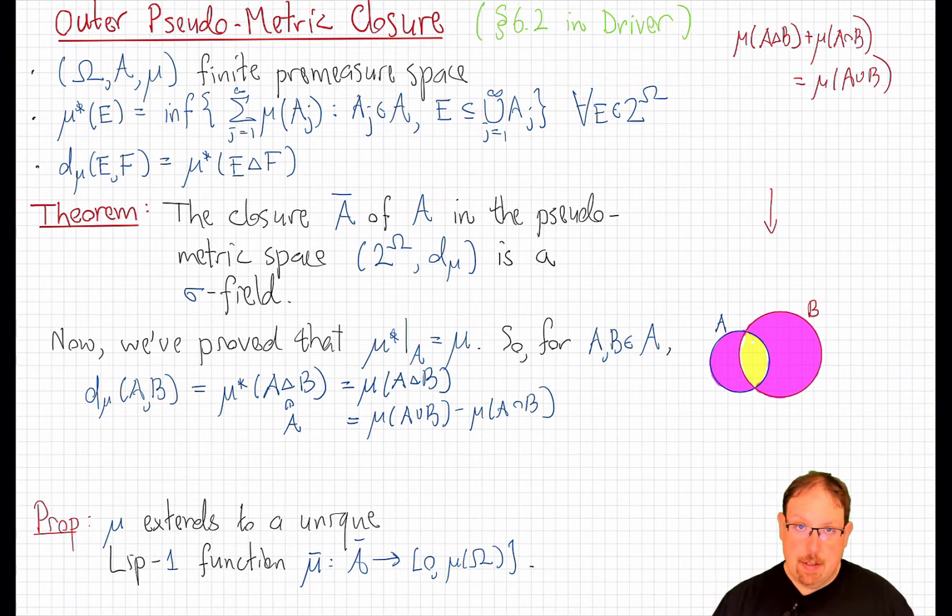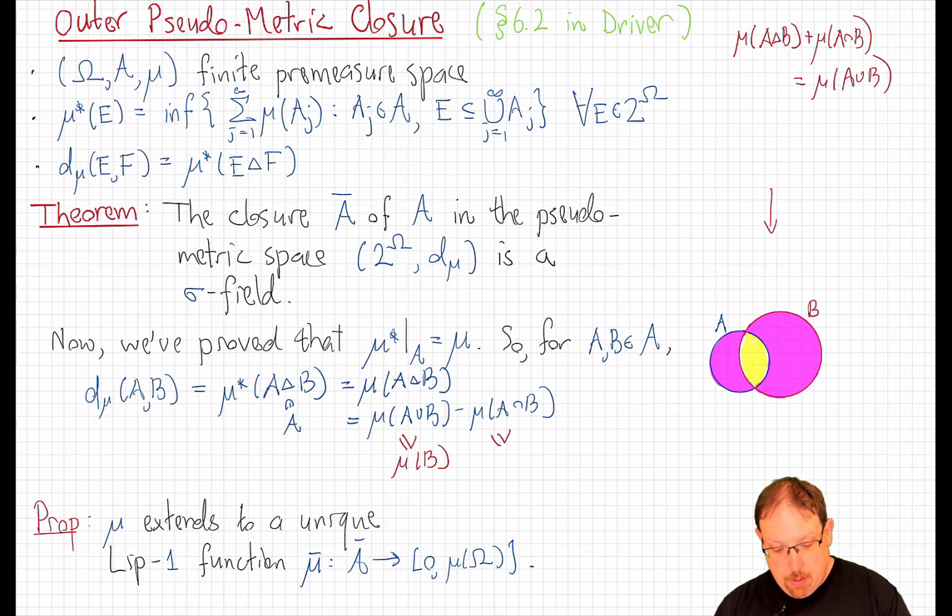Now, notice that the measure of the union is greater than or equal to the measure of B. The measure of the intersection is less than or equal to the measure of A, and so its negative is greater than or equal to negative the measure of A. Similarly, we could reverse the roles of A and B there, and instead conclude this.